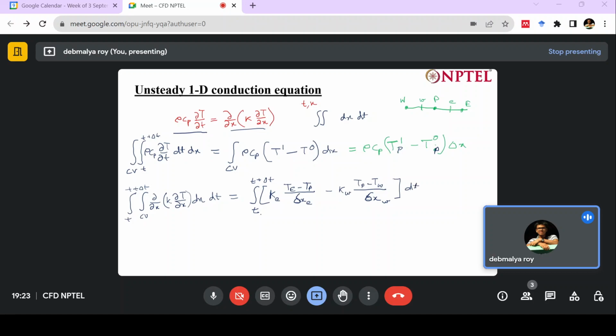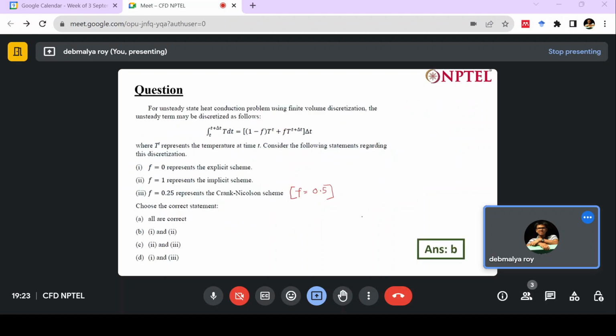Now, when we integrate this time integral, we would come across terms like the integration of Te dt, the integration of Tp dt, and the integration of Tw dt. For that, we will use what we have seen in the previous question.